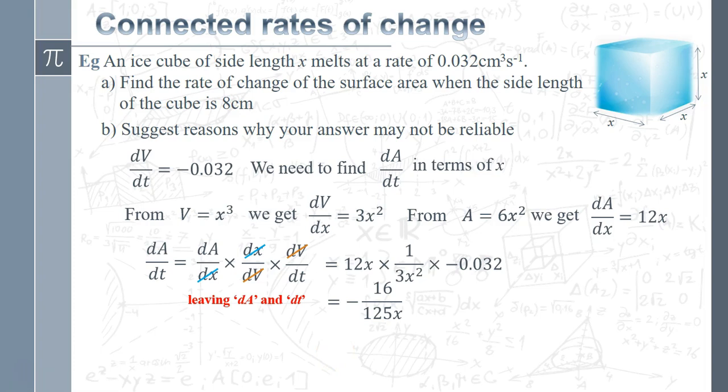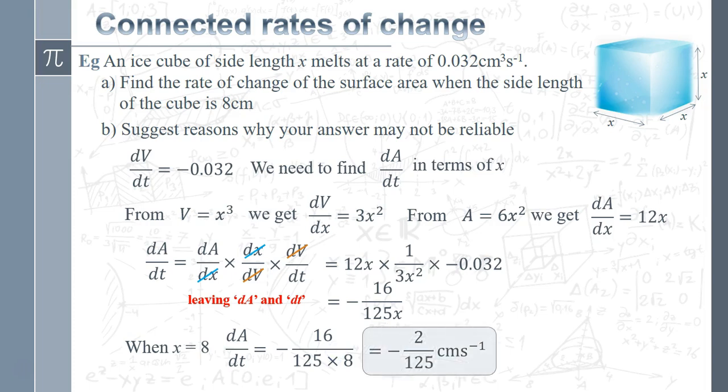So what it's saying is the surface area is shrinking over time. Well, clearly it's going to because it's melting. And when the side length of the cube is 8, the surface area is shrinking at a rate of minus 2 over 125 centimetres squared per second. Again, not particularly fast.